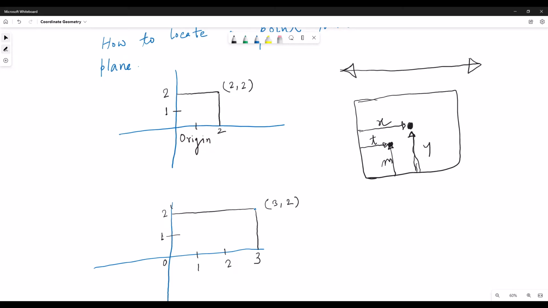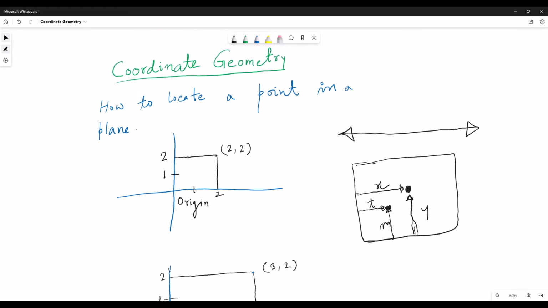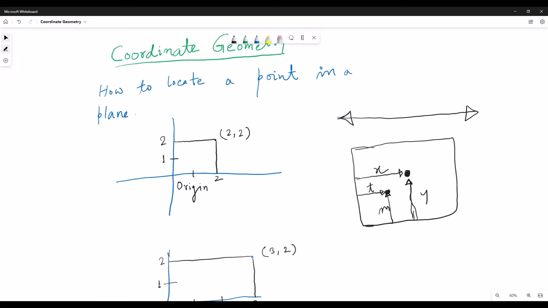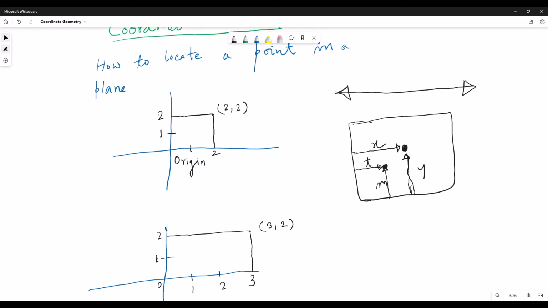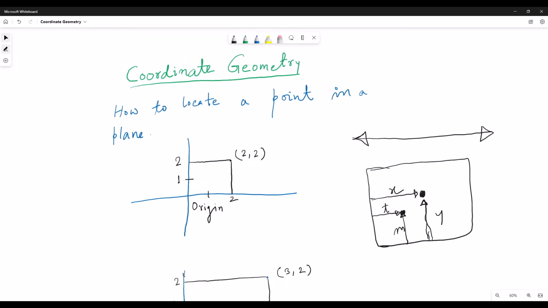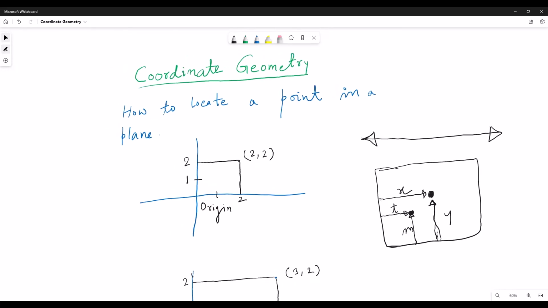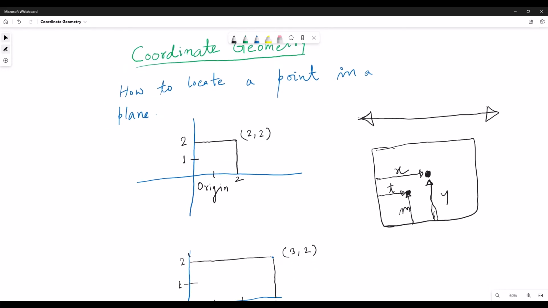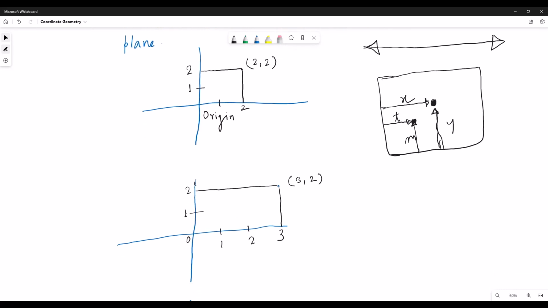So this is two dimension. We have learned one dimension, that is number line. Two dimension is plane, and three dimension is building, where we have length, breadth and the height as well. So in coordinate geometry in your syllabus we are only discussing two dimension.